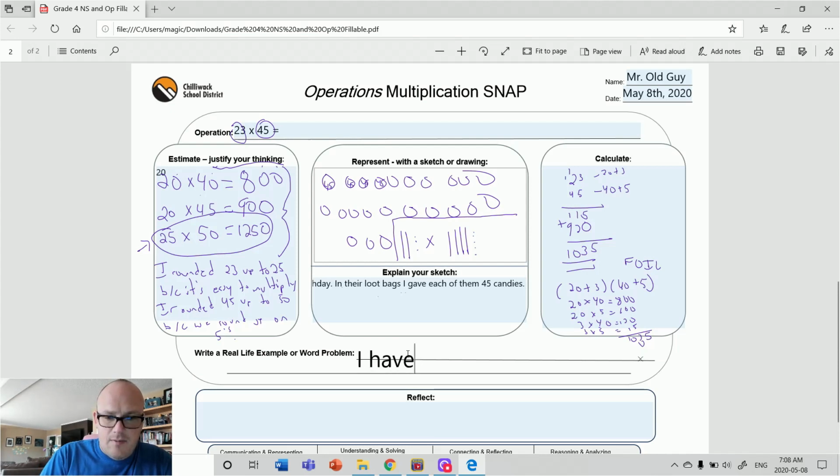All right. I have had 23 friends come to my birthday. Each got 45 candies in their loot bag. There were a total of 1,035 candies.